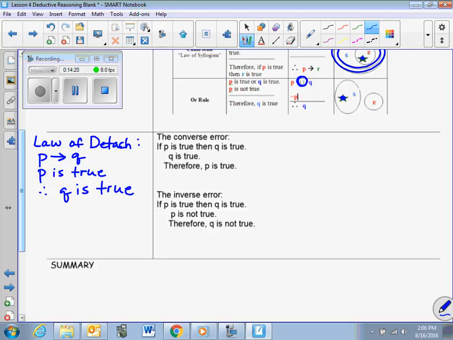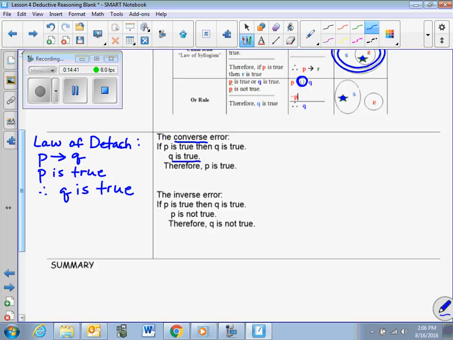But if I say it backwards like this, if I say Q is true instead of P is true, then this is known as a converse error. Okay? So if you say Q is true, therefore P is true, you've actually said it backwards, right? You've used the law of detachment backwards. That's known as a converse error.